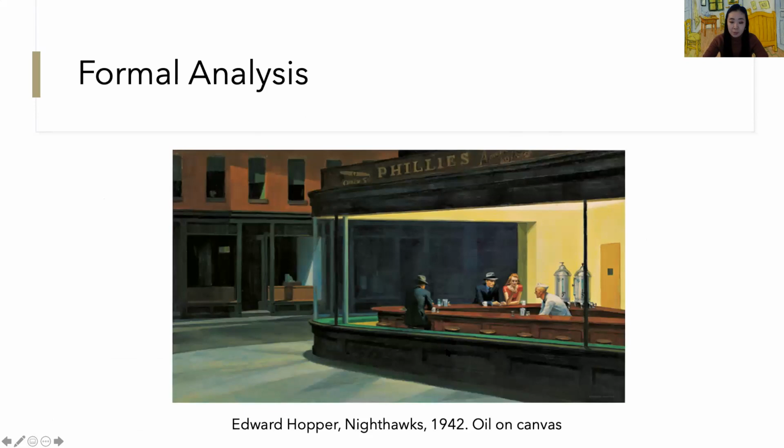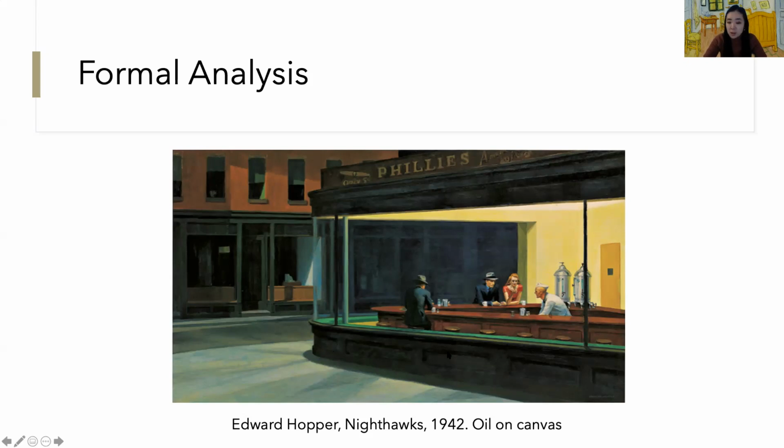By using formal analysis, we can analyze the work of art based on the visual elements and the principles of design without any knowledge of the background or history of the work.